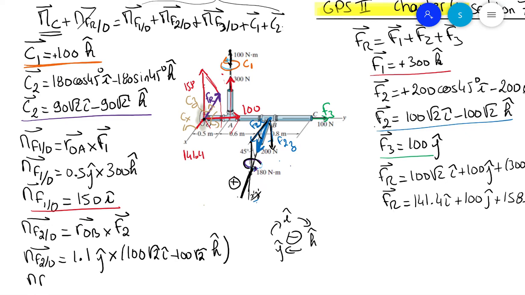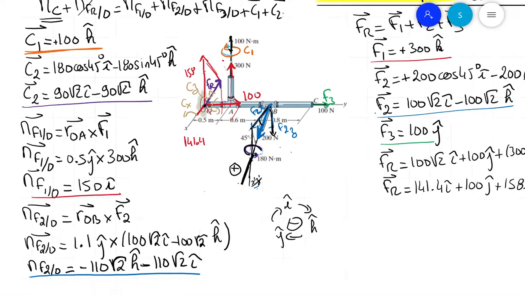So the moment of F2 about O is equal to J cross I, which is minus K, so minus 110 square root of 2 on K. And J cross K is plus, so minus 110 square root of 2 on I hat. So that's the moment created by force 2 at O.